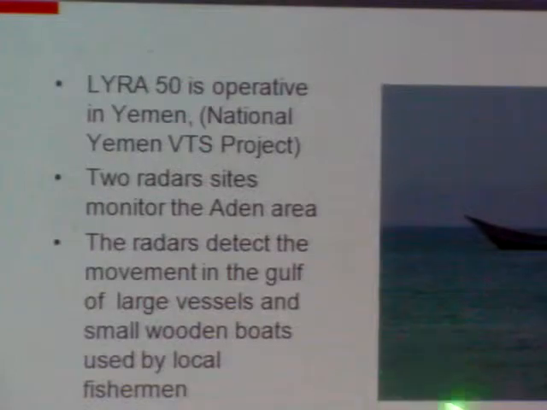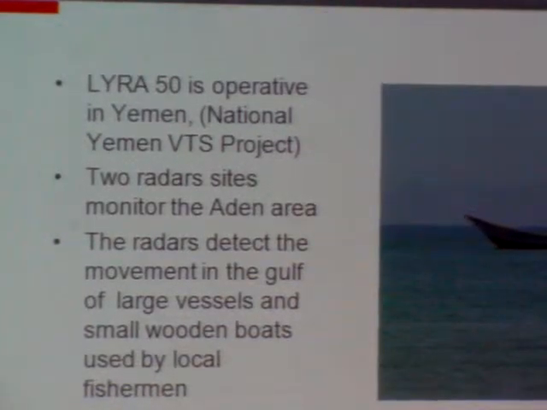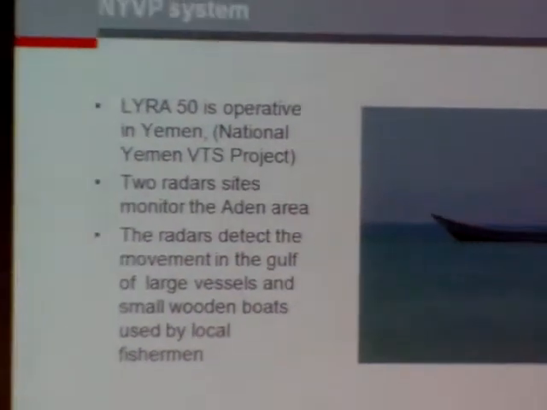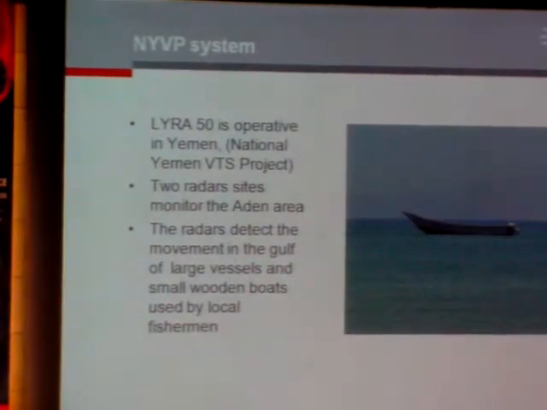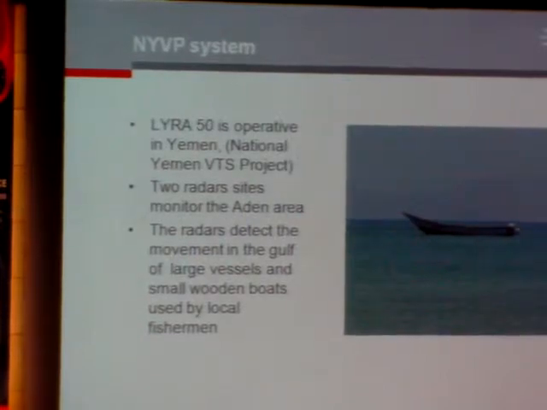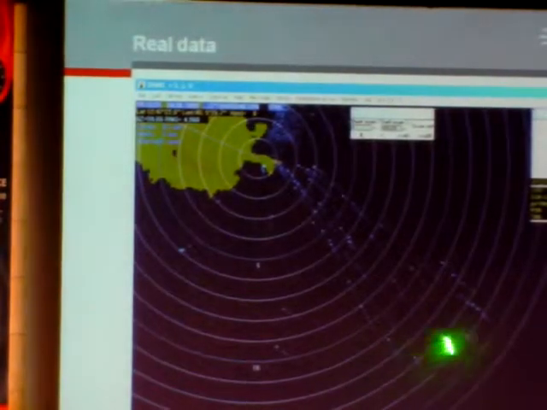We have hundreds of these ships moving into the Gulf. These are the small fishermen ships. And think that these also move in the dark, during the night, without any light. I will show you later on what's secured in these parts.